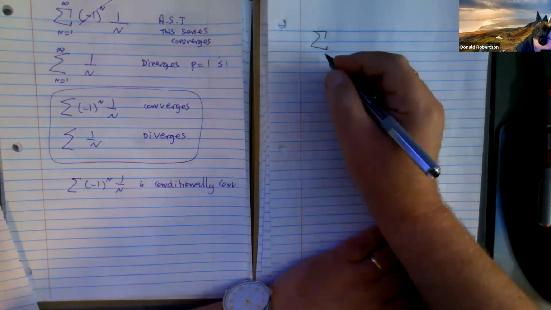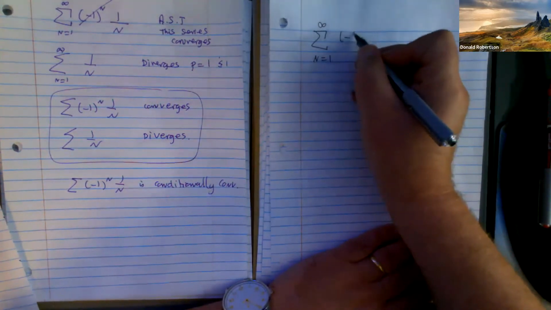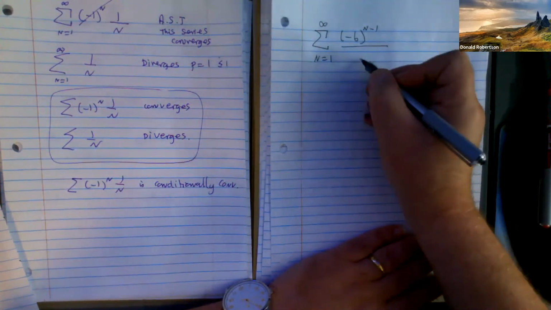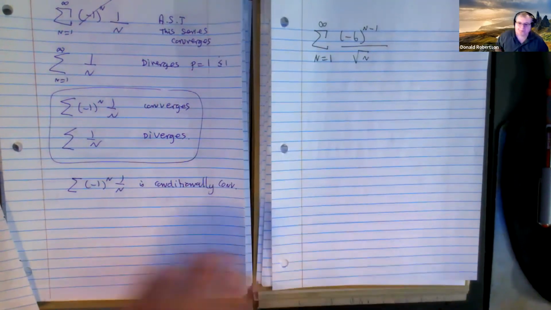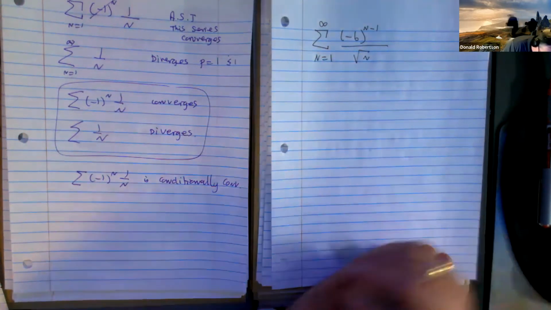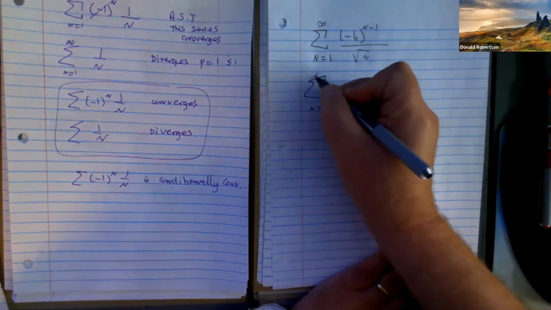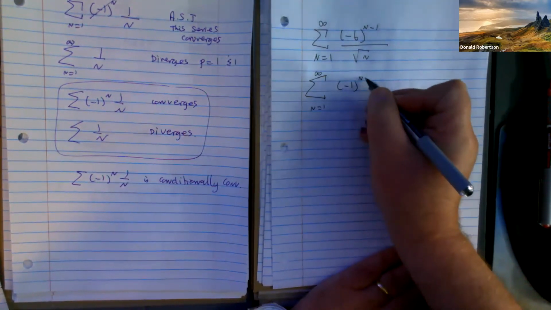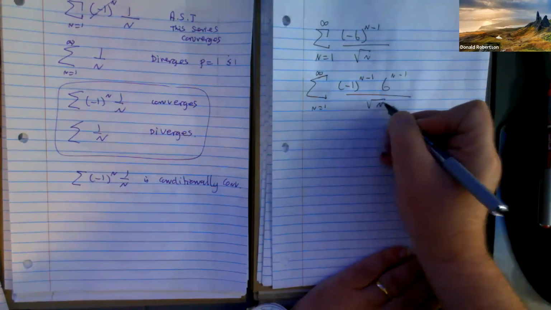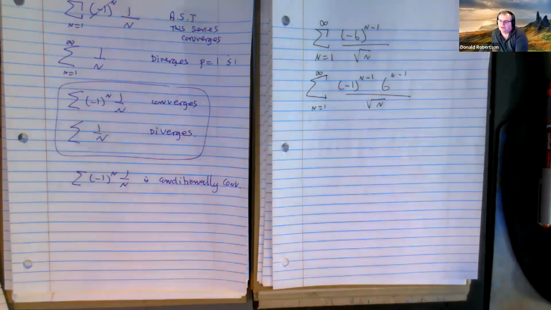Sigma n equals 1 to infinity, -6 to the n minus 1 all over the square root of n. Well, I'm going to do a little bit of tidying up on this fella. I'm going to call it (-1) to the n minus 1 times 6 to the n minus 1 all over the square root of n. Are you okay with me separating that into 2 powers of n minus 1?